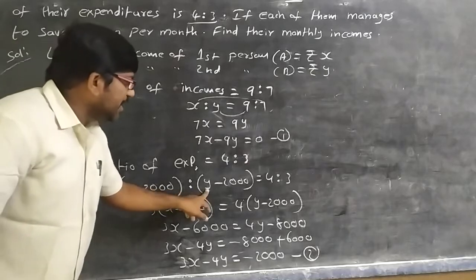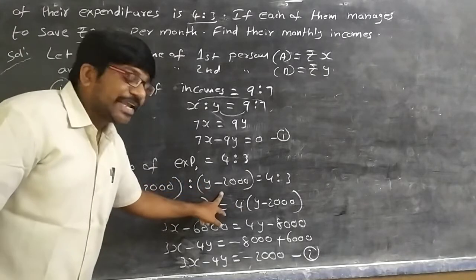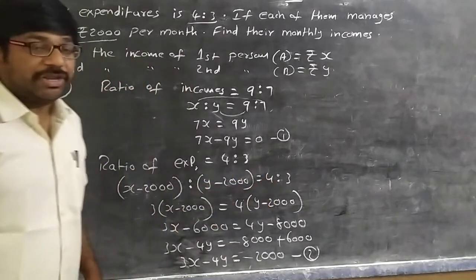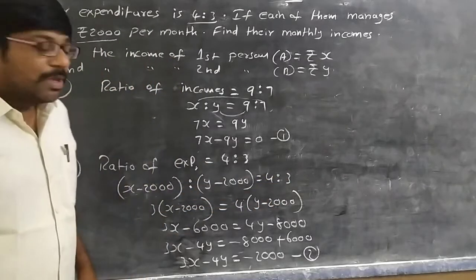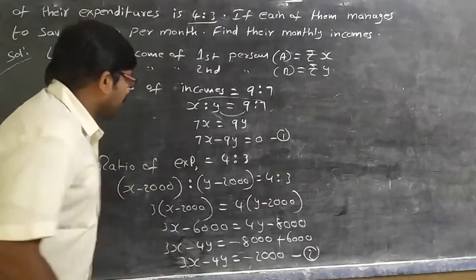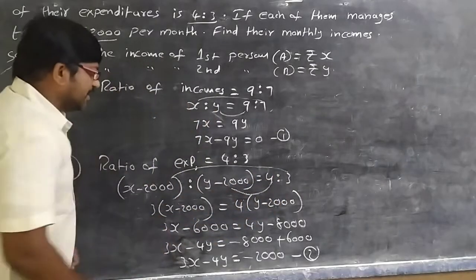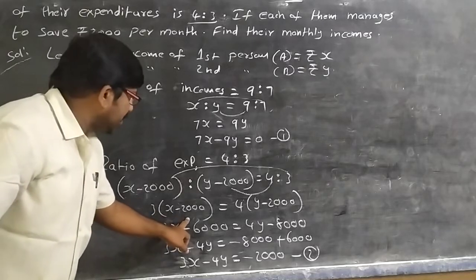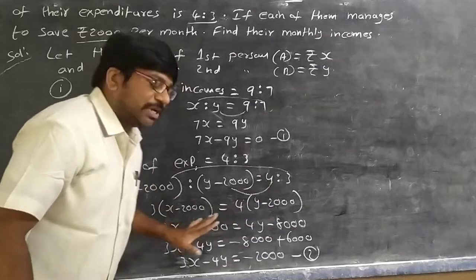First person expenditure and it is the second person expenditure. Its ratio is 4:3, right? Here also equality of ratios is called proportion. In this equality, product of extremes is equal to product of means. So 3 into x minus 2000 is equal to 4 into y minus 2000, right?